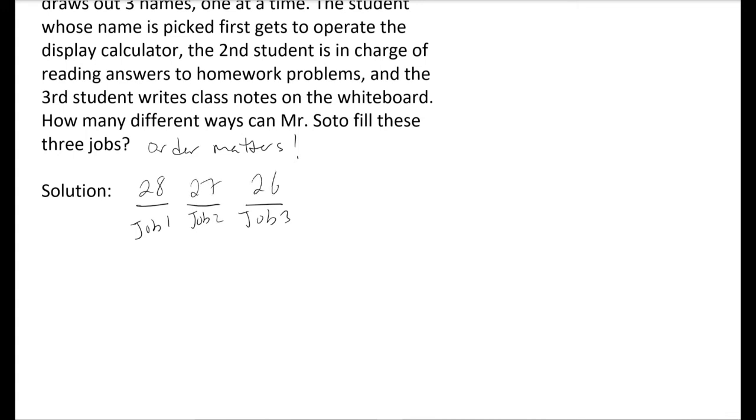And that's all you have to do. So you don't have to do all of them. You just have to do those 3, because we're only looking at 3 jobs. In this case, we multiply those 3 numbers together. We get 19,656. And we'll just call this permutations.